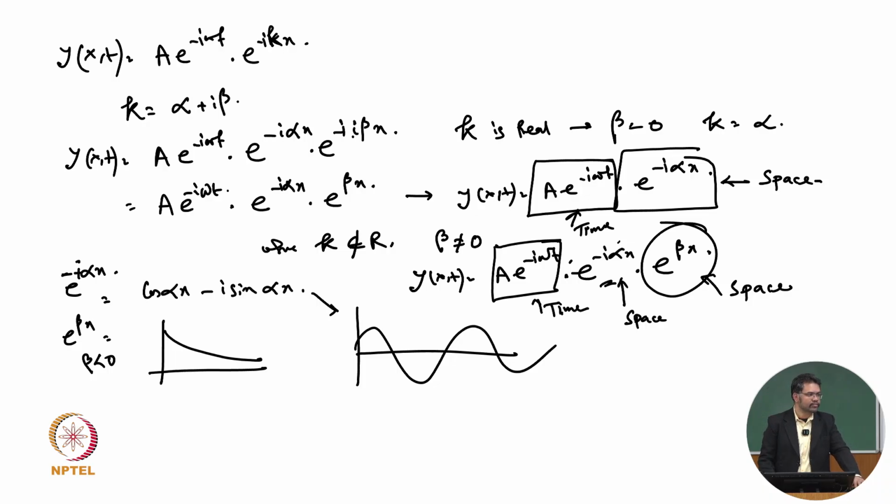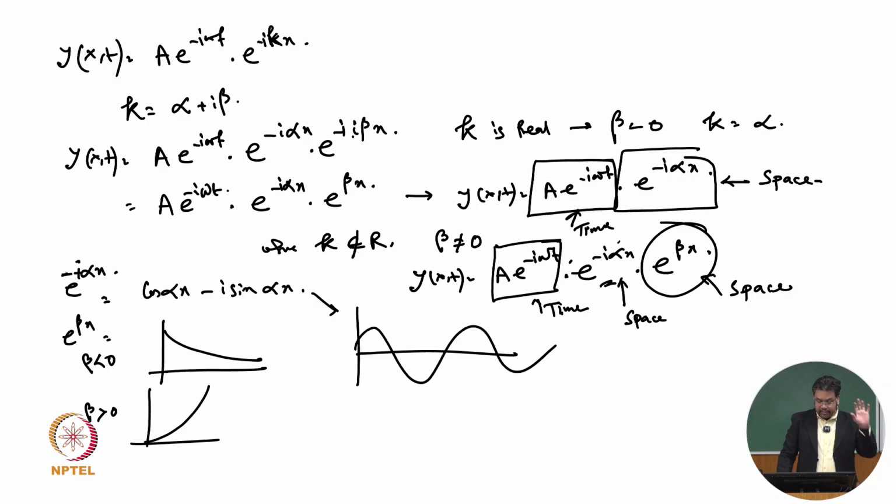No doubt on that. And if beta is positive, then it's a growth, an exponentially growing function. Beta less than 0 is this, and beta greater than 0, you will get exponential growth. Agreed? Agreed, all of you? Perfect.